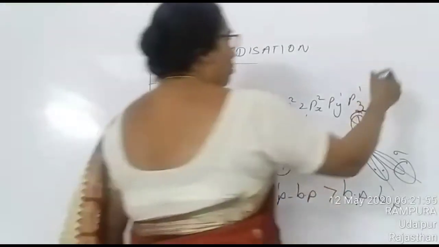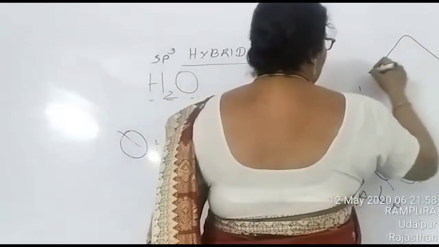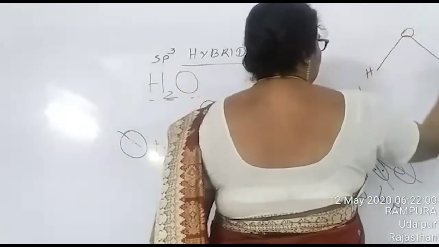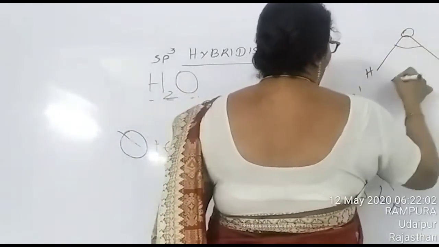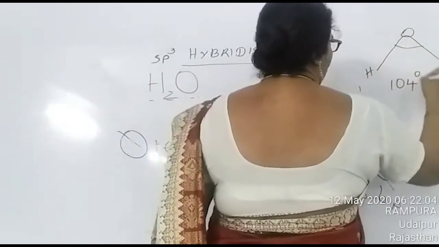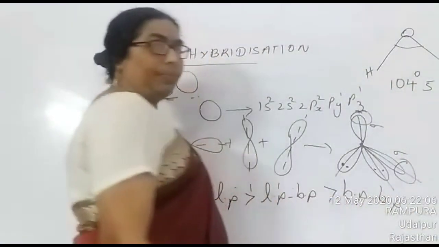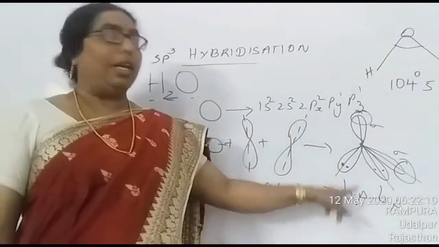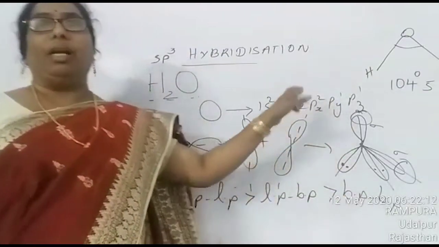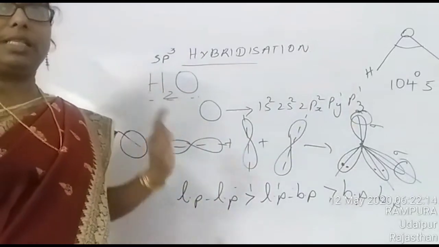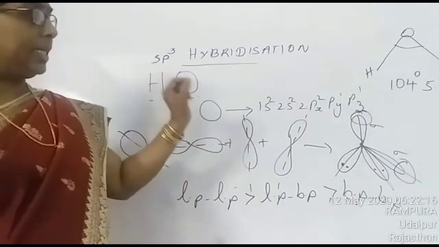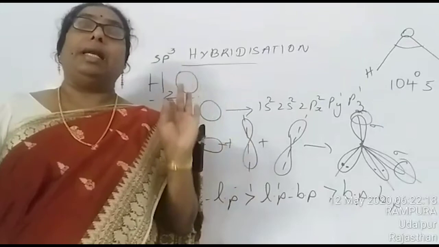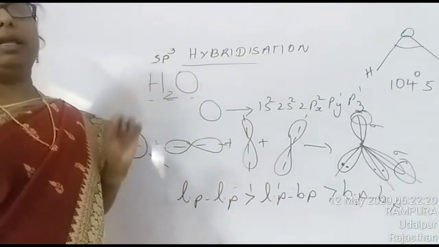So the structure of water becomes V shape, that is bent shape, with a bond angle of 104 degree 5 minutes. Is it clear? Due to the presence of 2 lone pairs of electrons, water possesses a V-shaped structure with a bond angle of 104 degree 5 minutes.